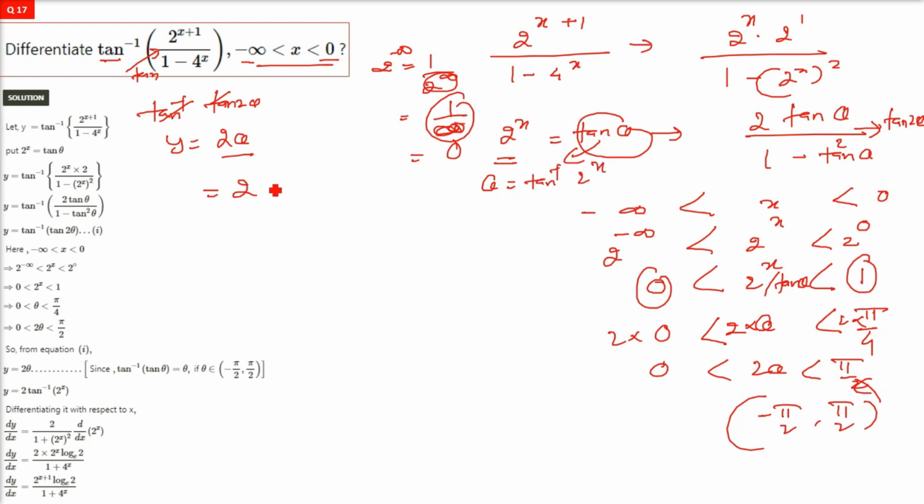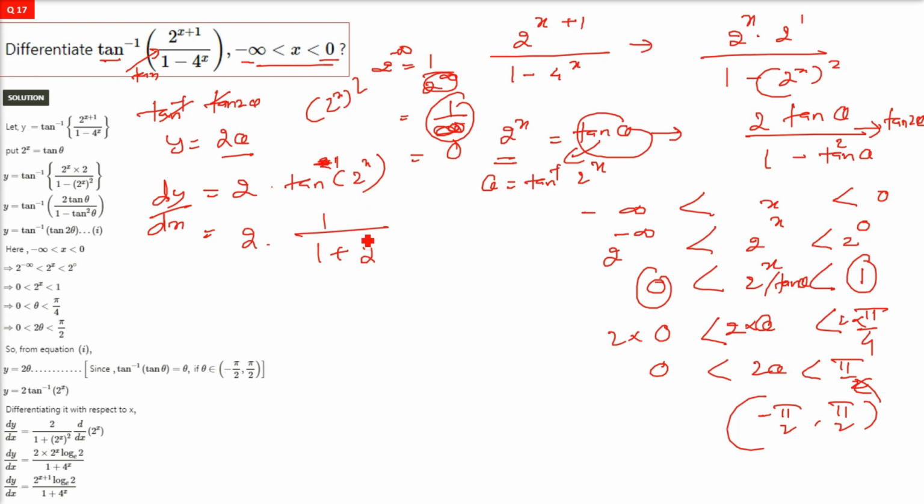So this is 2, theta will be tan inverse 2 raised to x. It is tan inverse, not square. I'll just change it. dy by dx, so twice. Now the derivative of tan inverse is simply 1 by 1 plus the square of that thing which is inside tan. So 1 plus 2 to the power x to the power 2. So it will be 2 to the power 2x, which is essentially 4 to the power x actually.